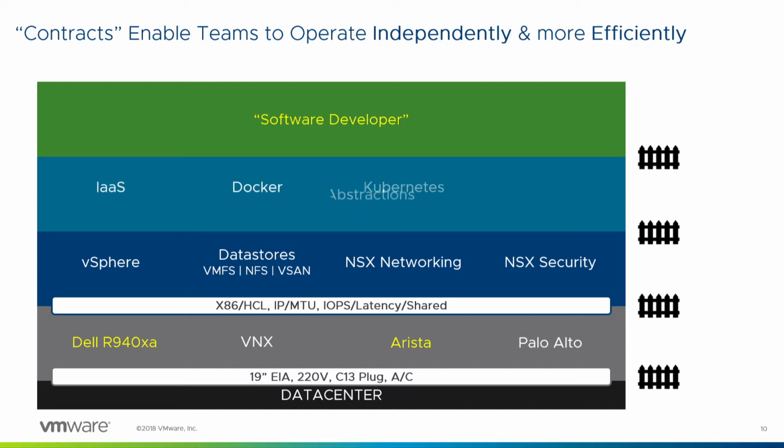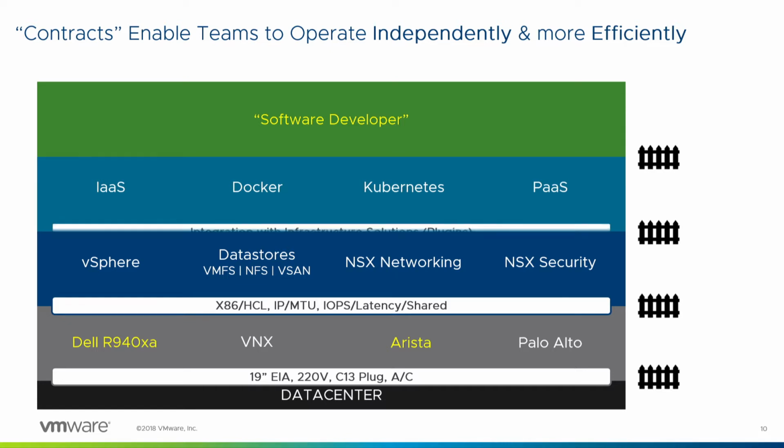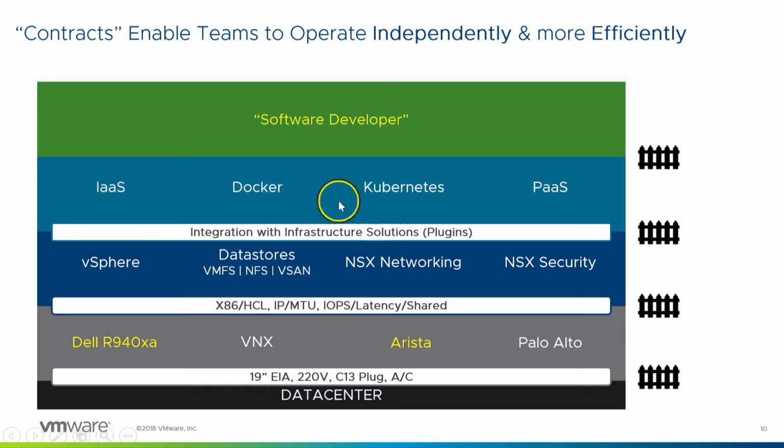If we work our way up, here are some common abstractions. So basic IaaS. I've got Docker listed there, Kubernetes, and maybe platform as a service. So what is the contract between those services and my virtual infrastructure team? Well, it's typically unique to each one of these services, but it usually takes the form of a plugin, right?